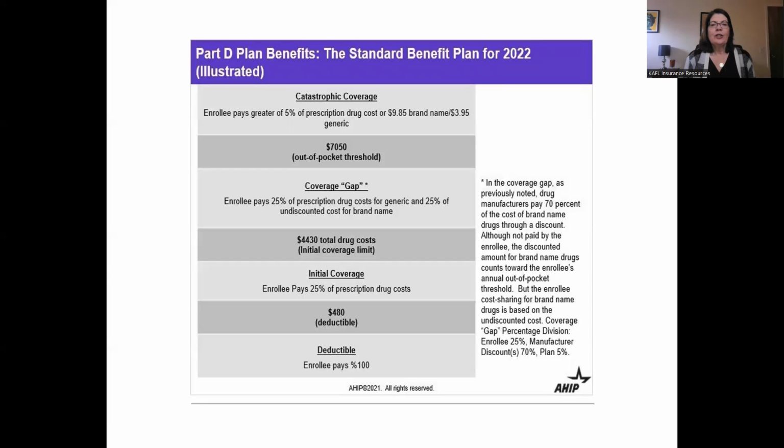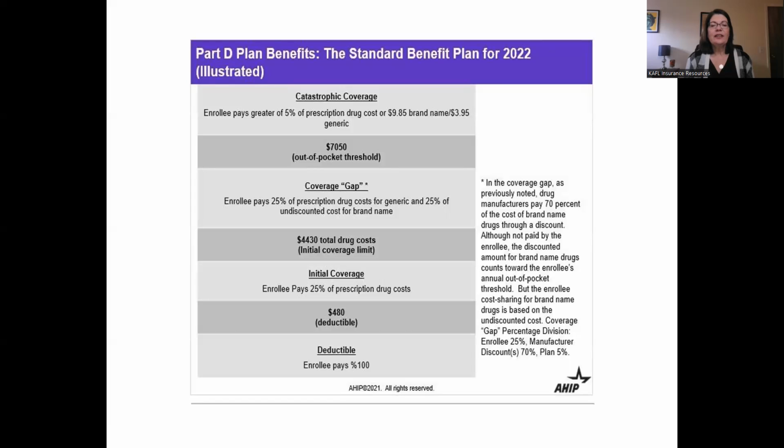But this is a standard benefit plan for 2022, and the person starts at the bottom at the deductible, and then the person pays 100% of the deductible, if there is a deductible. And it shows that $480 figure, that's the most that the deductible can be, but frequently it's less than that.